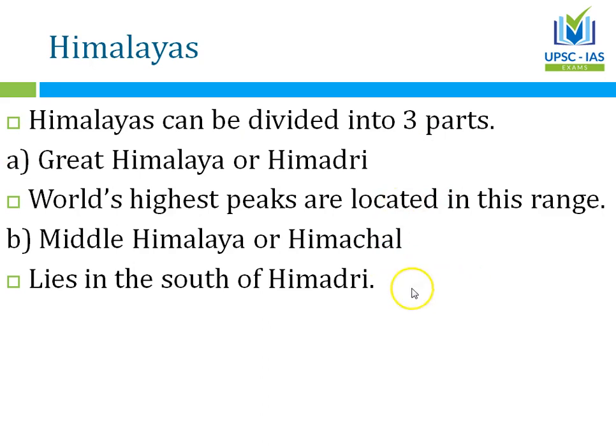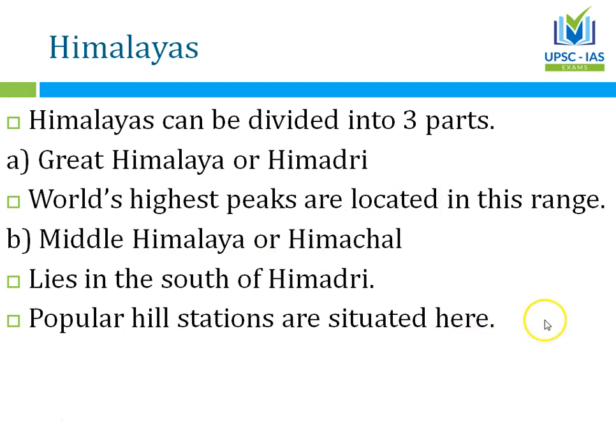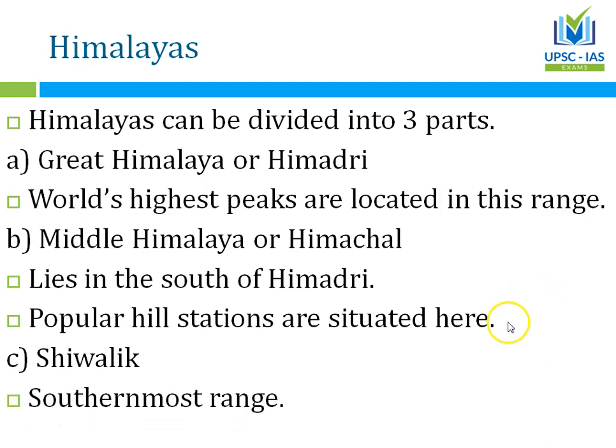In the middle part we have Middle Himalaya or Himachal. Popular hill stations are located in this part of Himalaya, and the southernmost part is Shivalik. All the places ending with the name Dun, for example Dehradun, these sorts of duns are located in Shivalik.